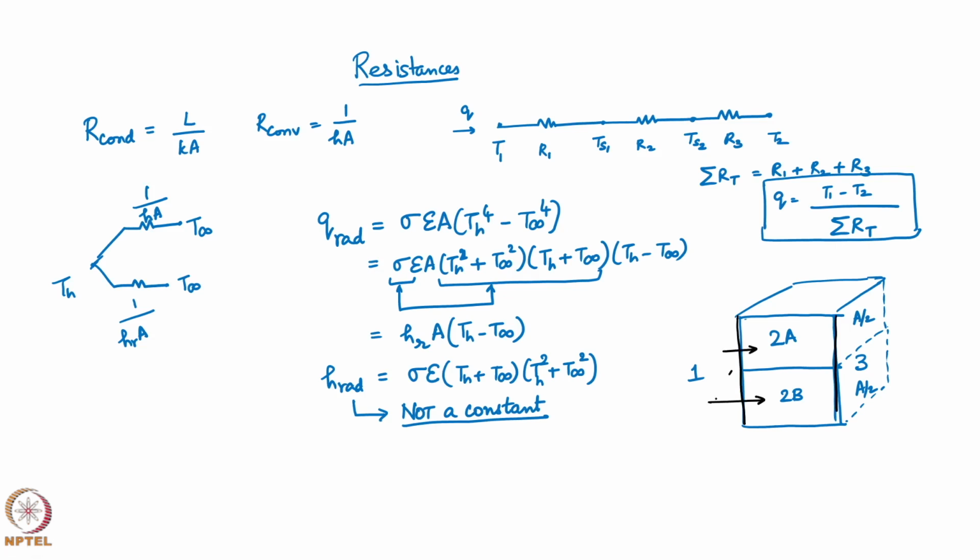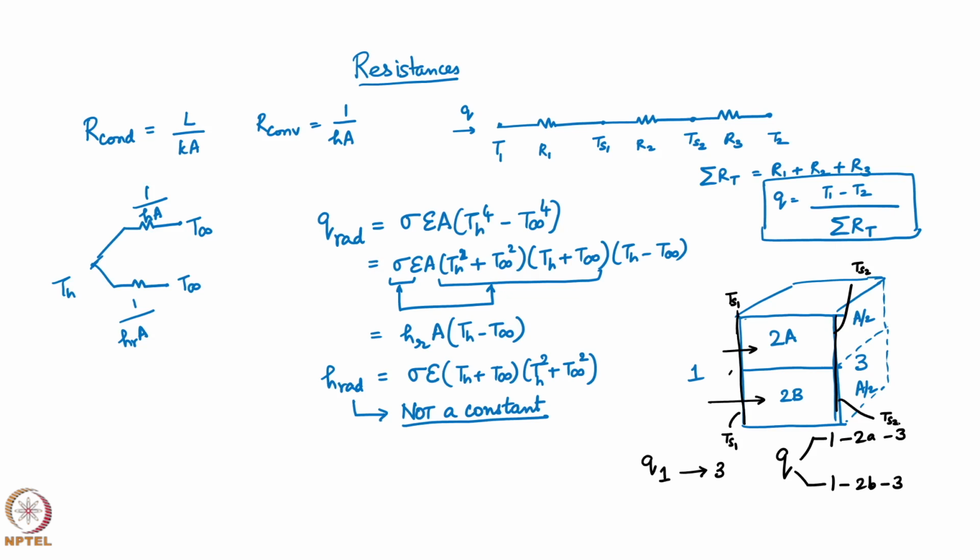So, Q from 1 is going to go to 3, in between it is going to go as Q from 1 to 2A to 3 and then 1 to 2B to 3. This is possible because these two surfaces are at the same temperature. So, this is Ts1 on this side, this is also Ts1, this is Ts2 here, this side is also Ts2.